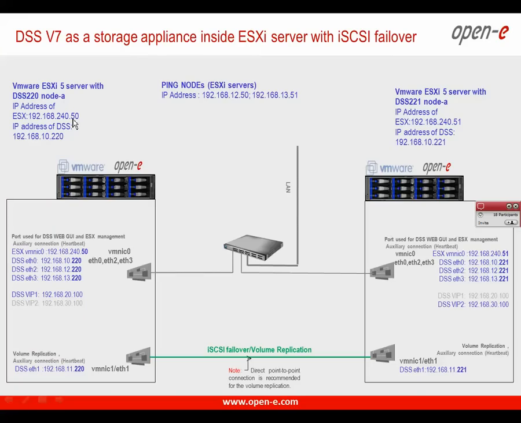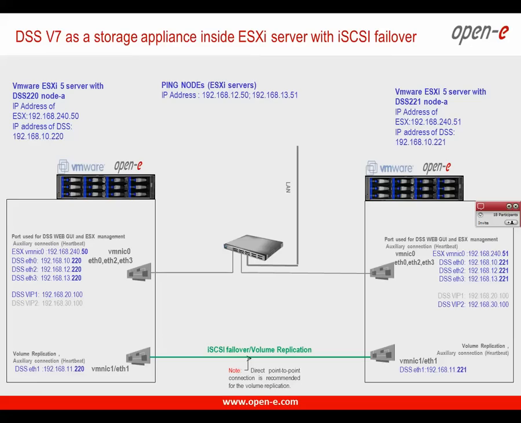The second VMNIC doesn't have a VM kernel on the ESX, so it doesn't have an IP from the ESX host. It will have an IP from the DSS virtual machine only. Because we want to separate replication on a dedicated virtual network interface card, we will show you how to split some virtual network cards which are on DSS.